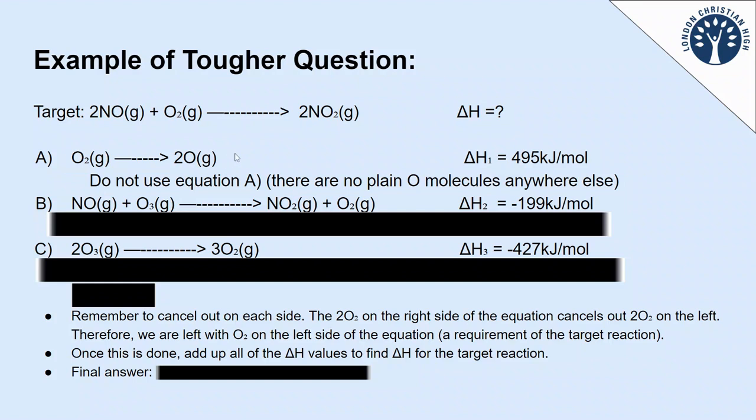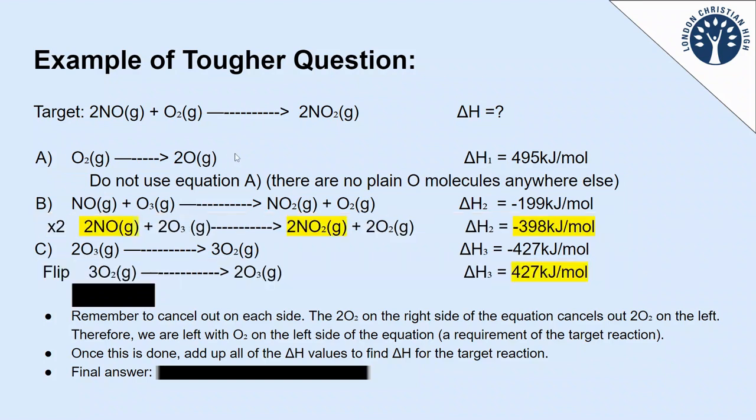The rest of the question is pretty normal until we get to scratching out. We'll start by scratching out here, but then we're left with 2O2 gas on the right and 3O2 gas on the left. What we'll do here is scratch 2O2 gas from the right with 2O2 gas from the left.